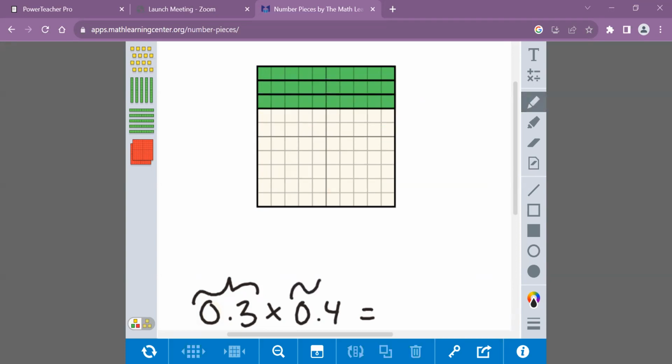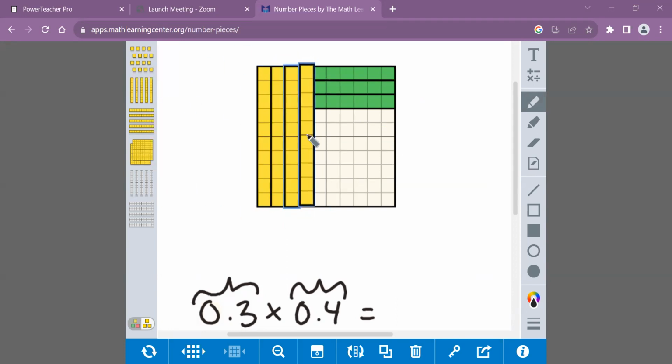Next, I'm going to shade in 4/10 of my columns. I'm going to change the color so we can see this. Here's 1/10, 2/10, 3/10, and 4/10. Now, where they cross over is the answer to 3/10 times 4/10.